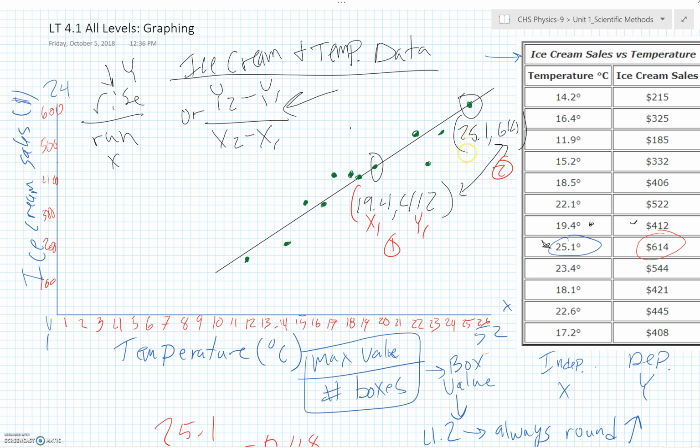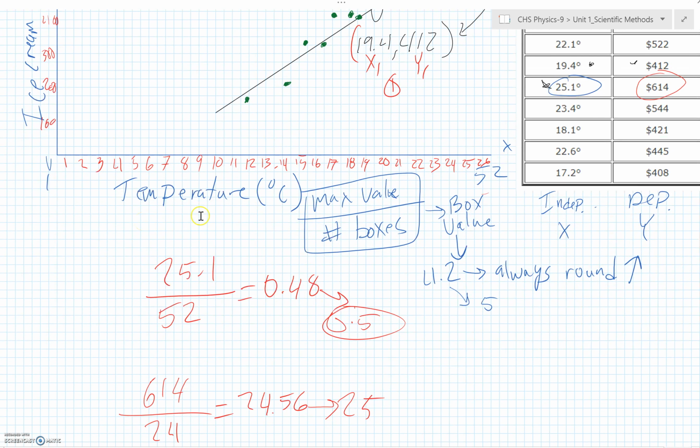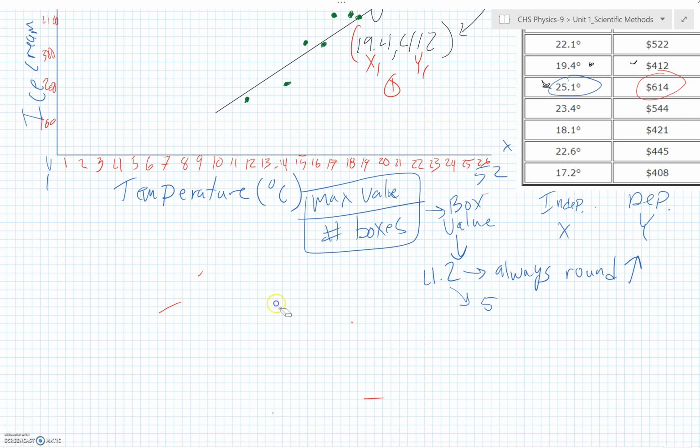Over here, I'm going to call this x2, and this one is y2. Let me erase this garbage and rewrite y2 minus y1 divided by x2 minus x1.